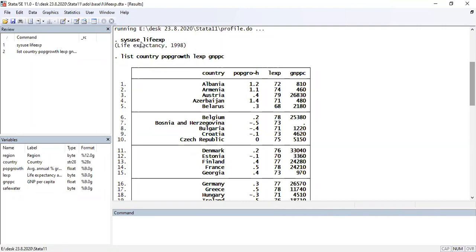SYSUSE space LIFEEXP. This is the file name. You should be able to. If you cannot, then there's some other thing wrong, not this command. If you write something else instead of sysuse, then it will not work.